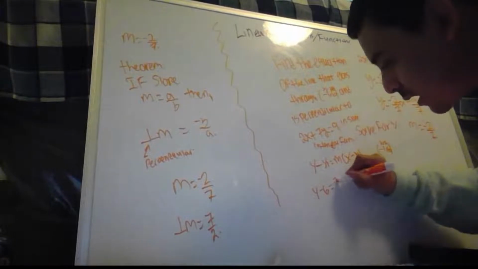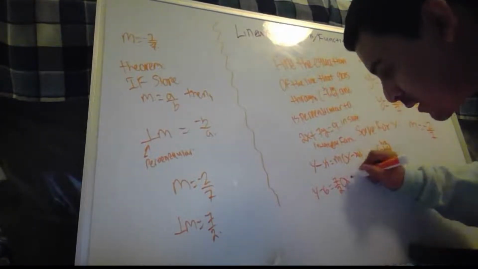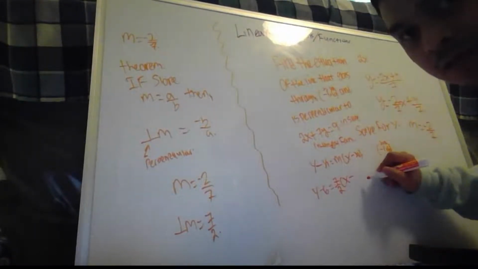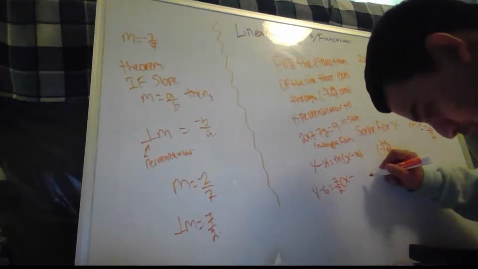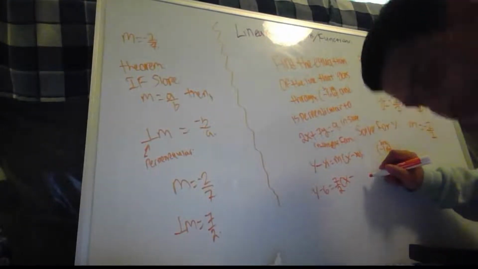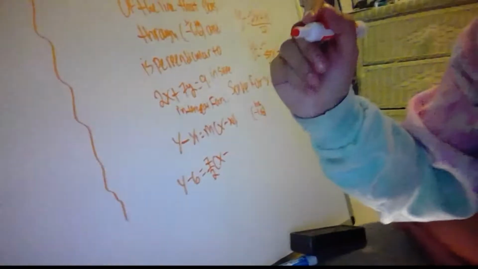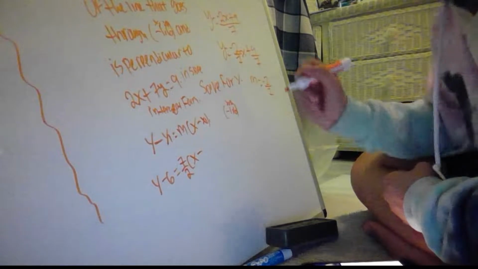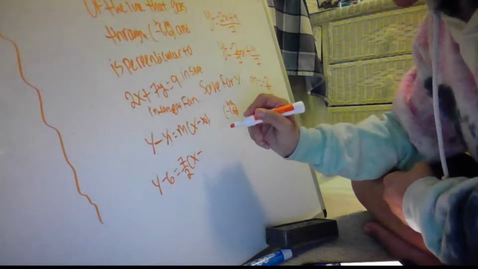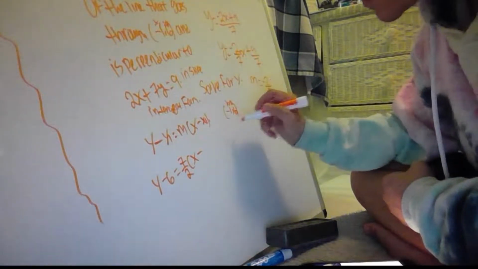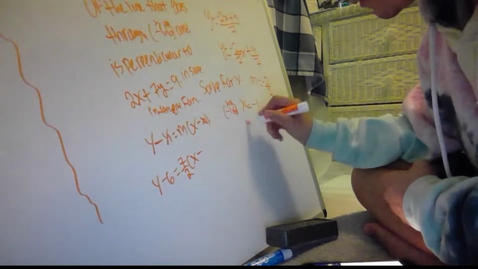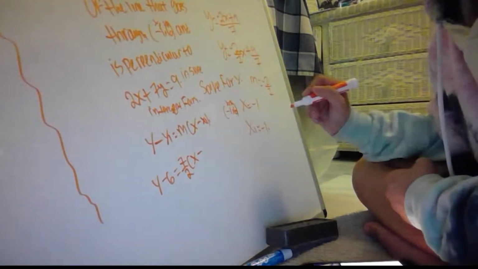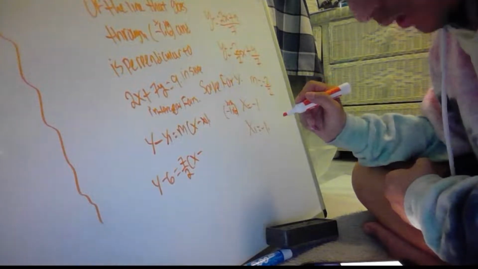It's going to be 7/2 times x minus, let me bring it a little bit closer so that y'all can see it. Seven halves times x minus our x1. Our x1 is right here. It's x equals -1. x1 is -1, okay?